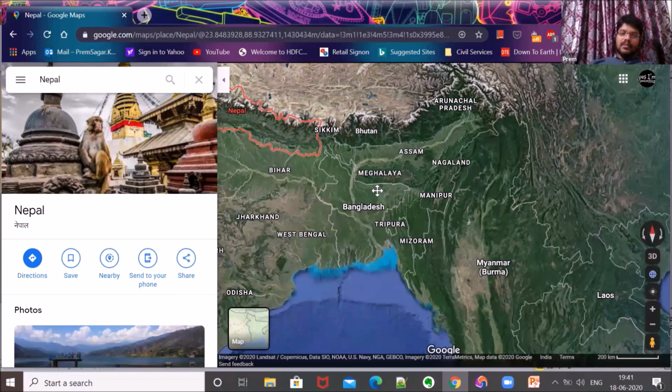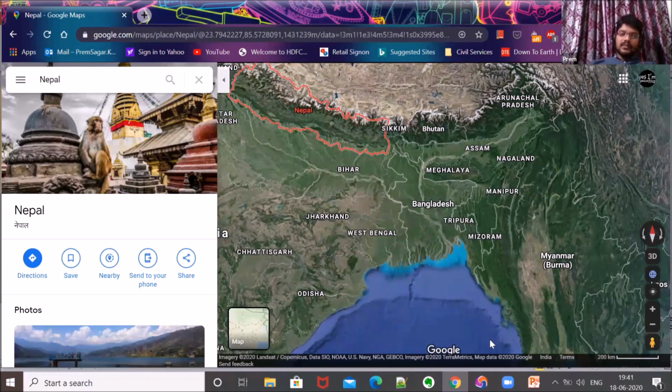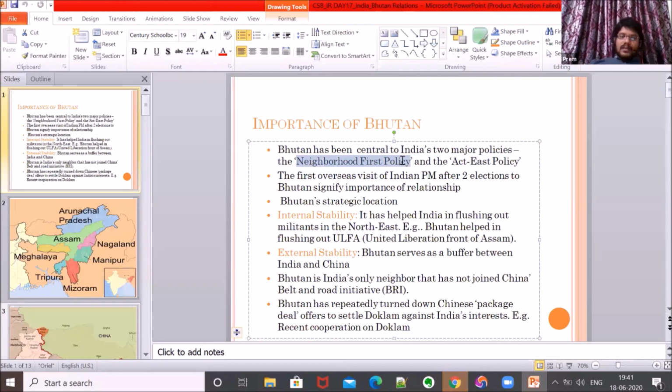And from the neighborhood policy, I said Bhutan stands as a successful example of neighborhood policy. So with Bhutan, we have very good relations. That is why in all these aspects, it becomes a major central part. And if you see in neighborhood policy, Narendra Modi was elected two times.